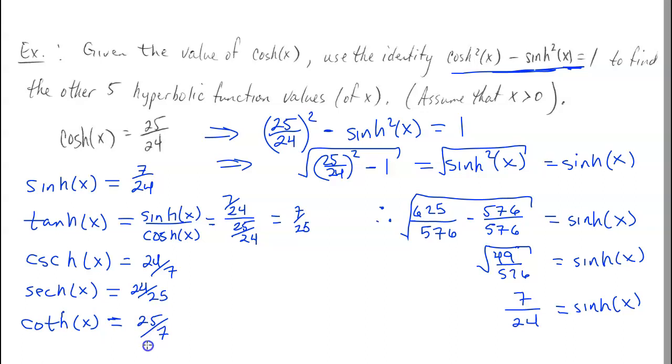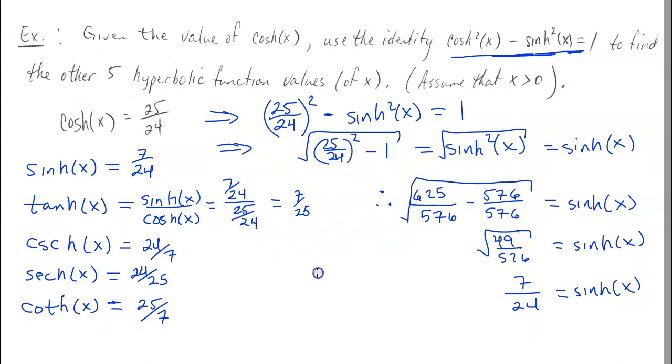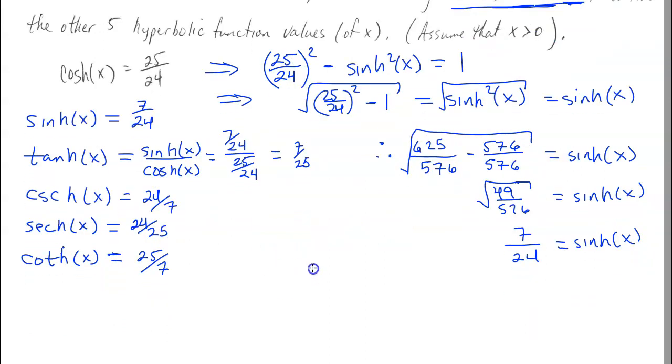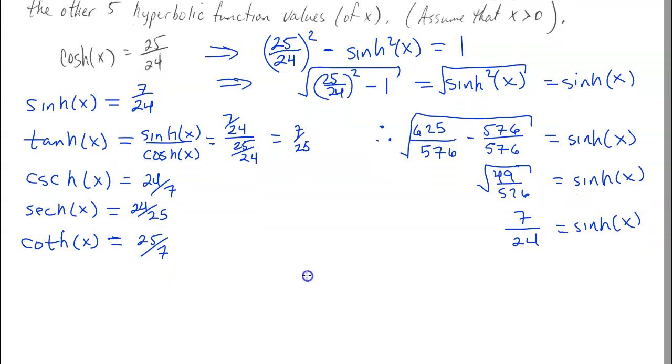So that is it for those problems. There is another way that I like to work these problems that uses the same kind of thinking as in trigonometry. If we think of a right triangle, and let's say our angle, even though it's not really an angle, is x, cosine is going to be adjacent over hypotenuse.